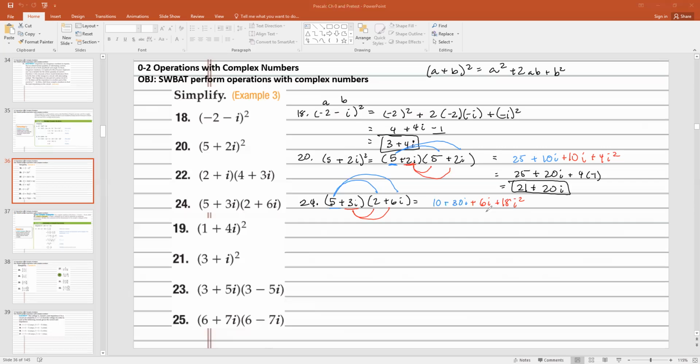Yeah, don't forget that squared. And then 30i plus 6i is going to give us 36i plus, and then that i squared becomes -1. So 18 times -1 is just -18. So 10 minus 18 is -8 plus 36i. Ta-da! That's it.